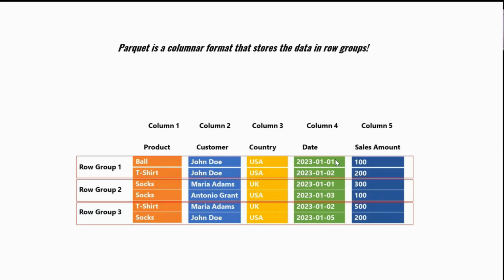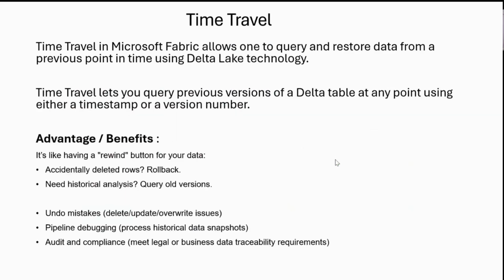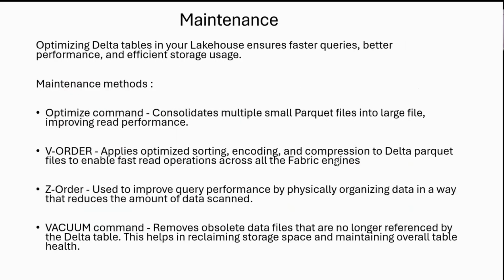Now, imagine that whenever any tool has to read a Parquet file, the initial time goes into reading the metadata. Imagine that I have 100 different files. You saw, correct?